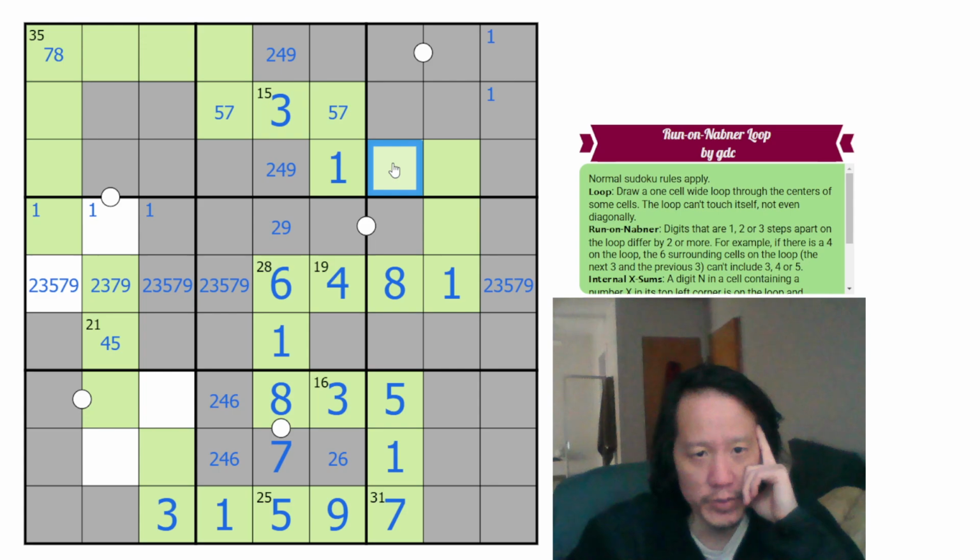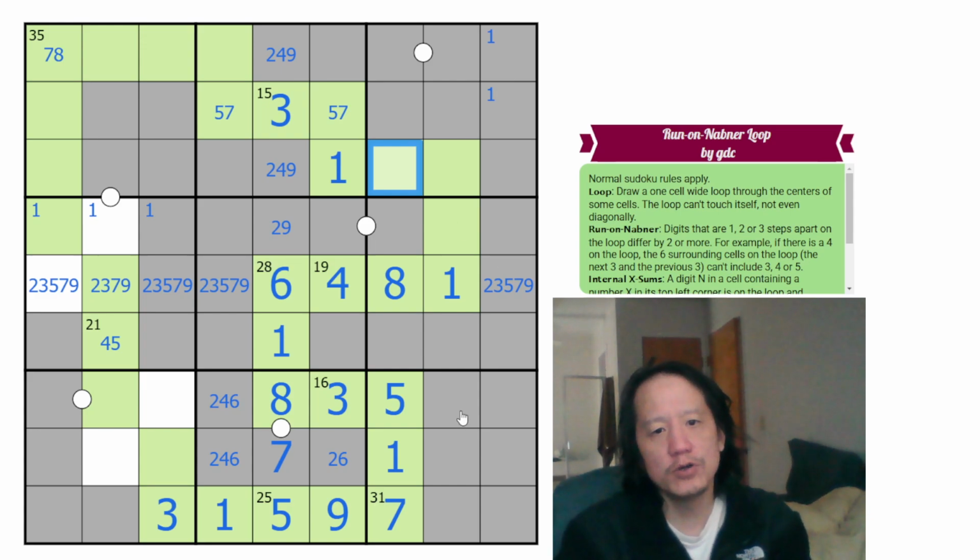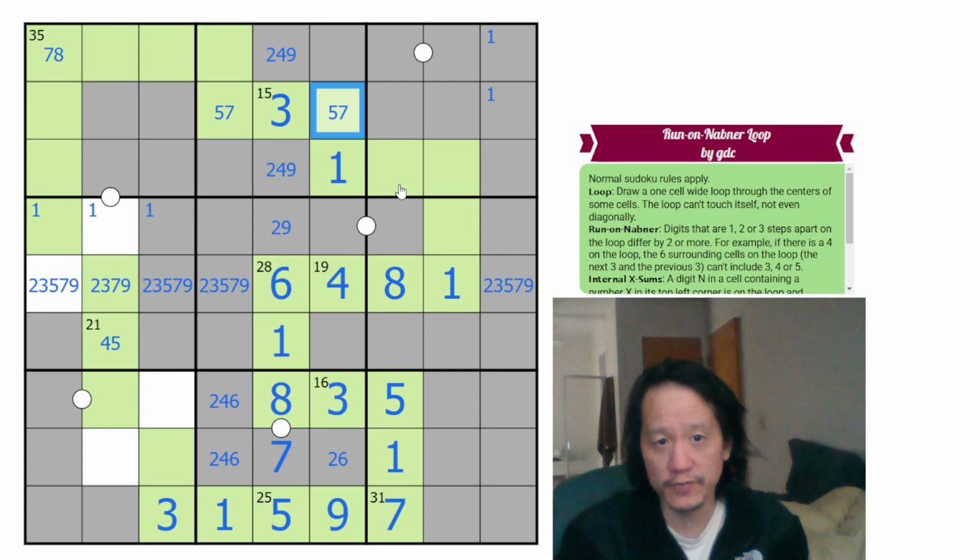What is this cell in the loop? It cannot be 1, 2, 3, 4. It could be 5, but this is not 5. This cannot be 6 because that would be consecutive with 5 or 7. Can't be 7. It can't be 8.